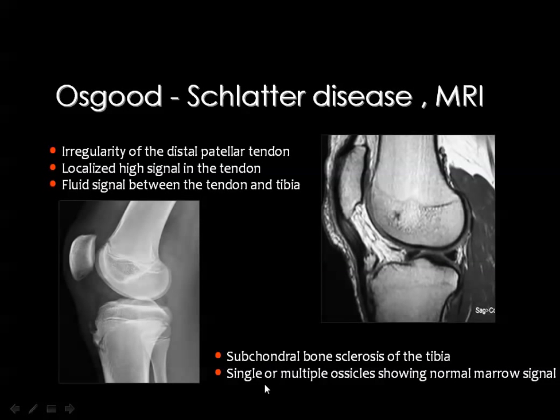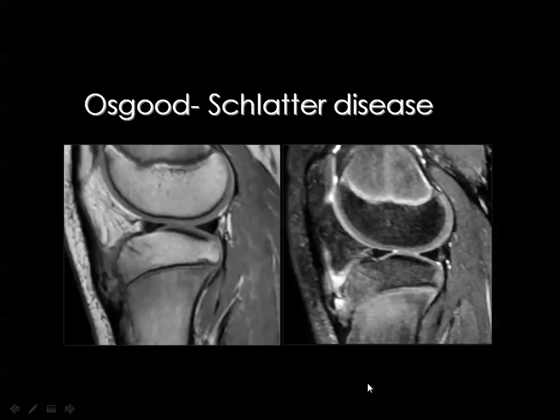Then later MRI will show some changes seen in the plain X-ray. Here you can see the sclerosis and the fragmentation. Also in the MRI you can see some bone fragments, and some changes in the infrapatellar tendon as well.